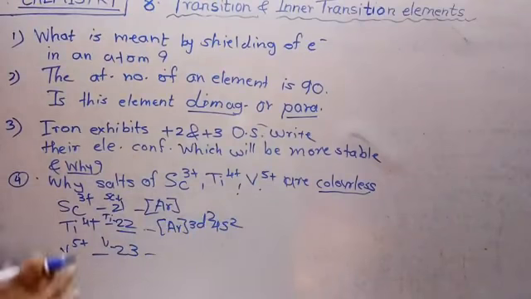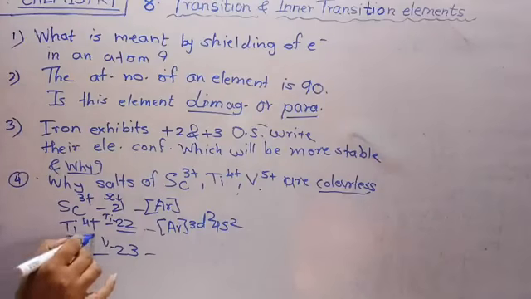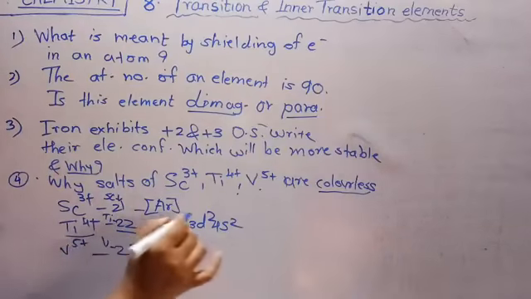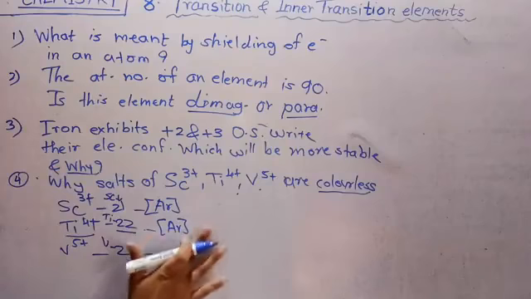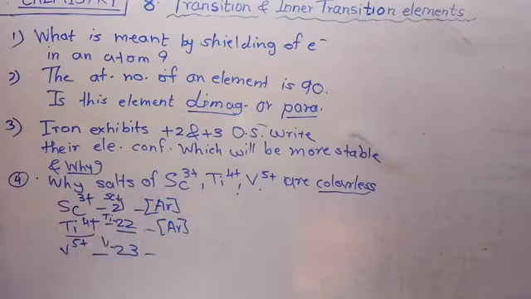Then write the electronic configuration of titanium 4+: there is a removal of 4 electrons, and you get titanium 4+ as only argon. Same for vanadium: there is a removal of a total of 5 electrons, after that you get only the argon core.